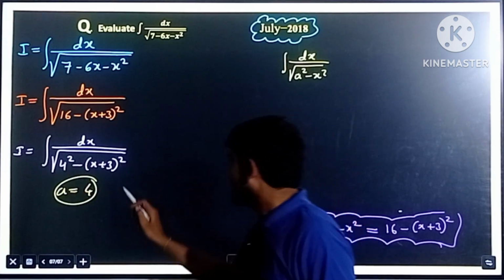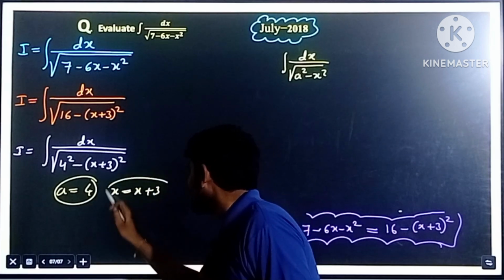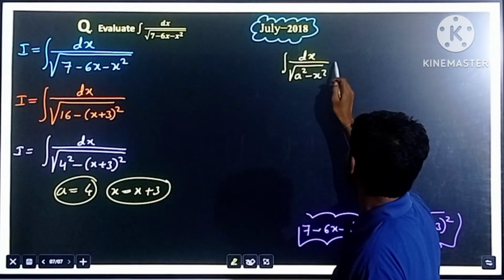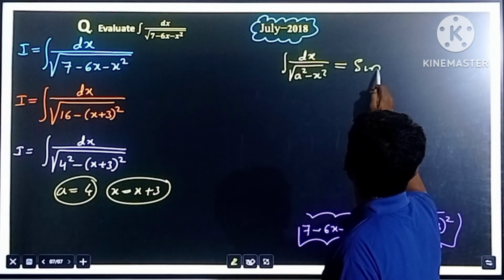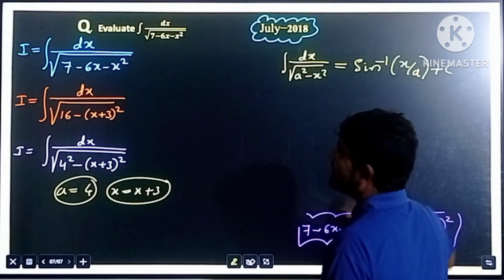And what is x? X is x plus 3. The formula for this form is sin inverse of x by a plus c.